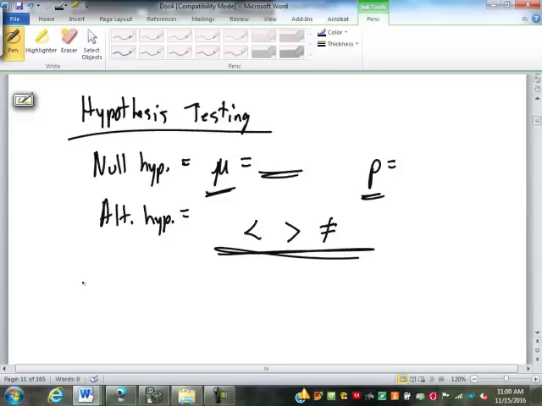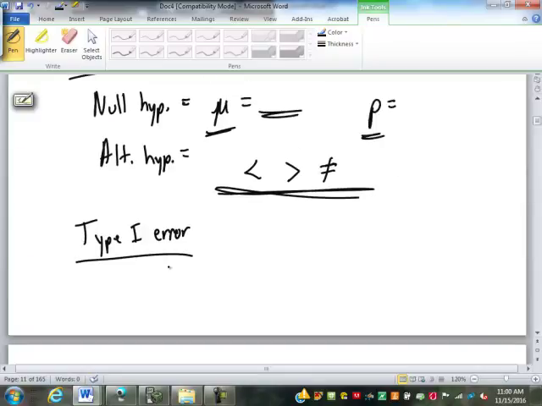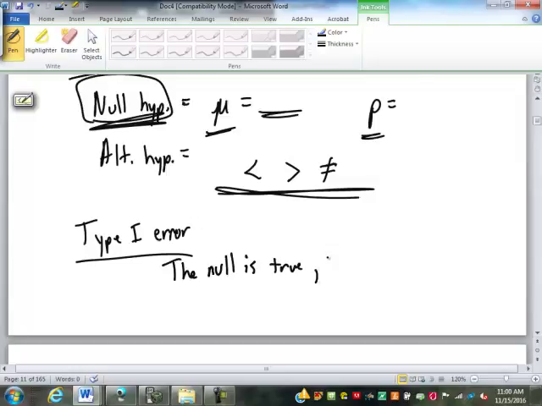We have our errors. A type 1 error when we are hypothesis testing. Type 1 error is when the null is true. So in reality, the null hypothesis here is true, but our test rejects it anyway.